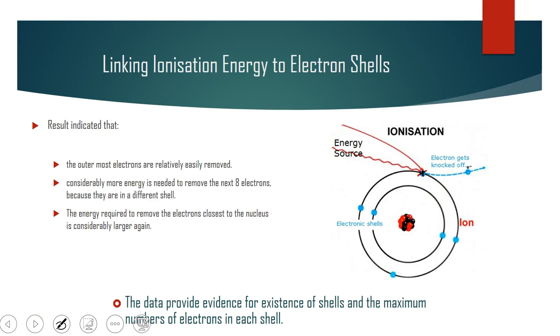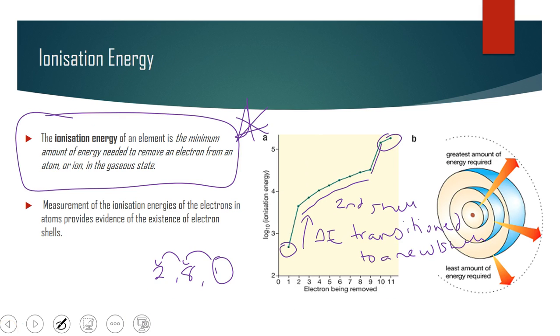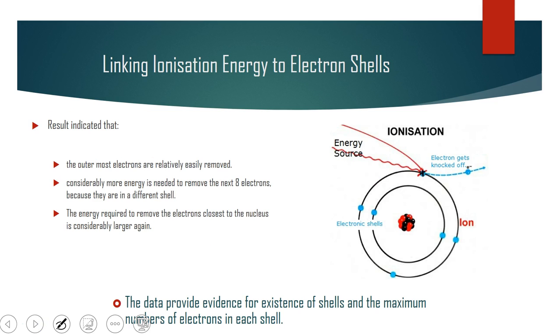So when we look at the energy of ionization, we can see that the outermost electrons are relatively easily removed, and then more energy is needed for the next, and then for the final 2 it's even more. So we can look at these kinds of diagrams and predict what atom we're looking at by the number of electrons that were removed and the shell structures.